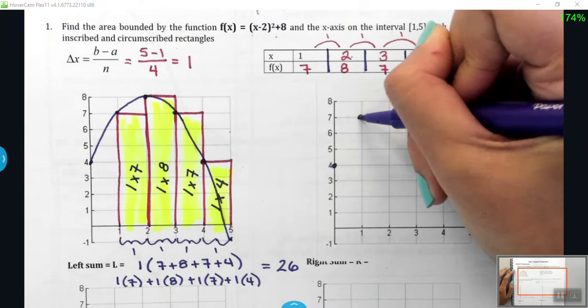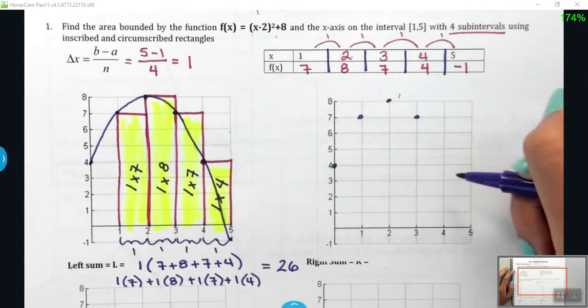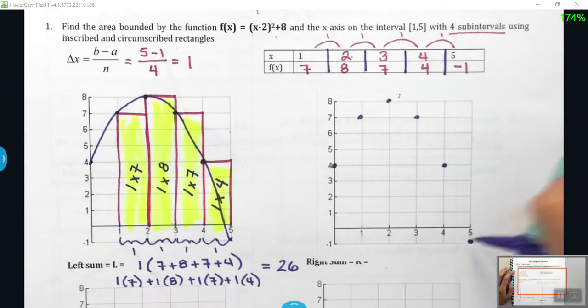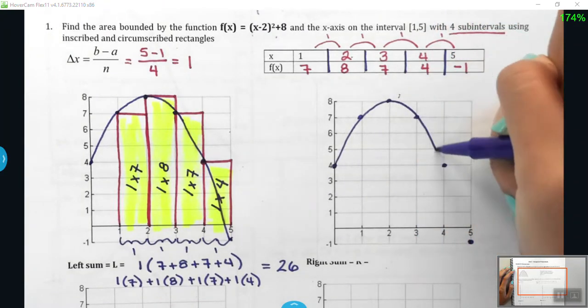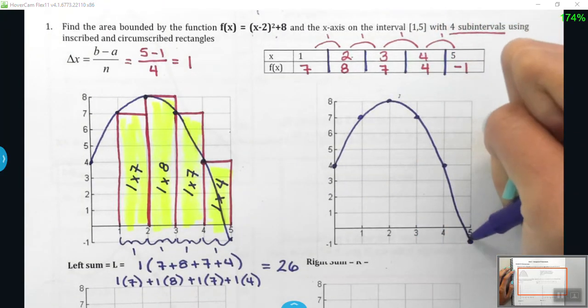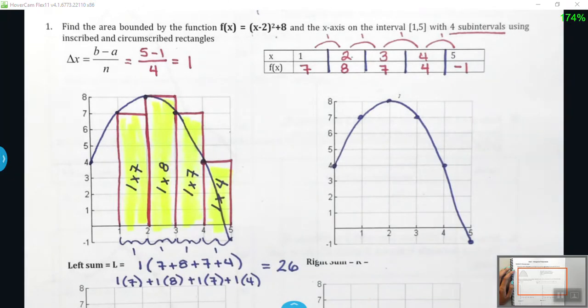4, 7, 8, 7, 4, -1. Okay. And then let's do a right Riemann sum.